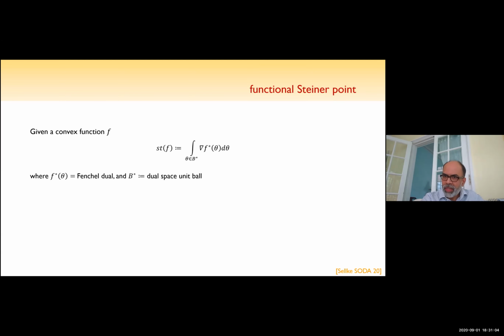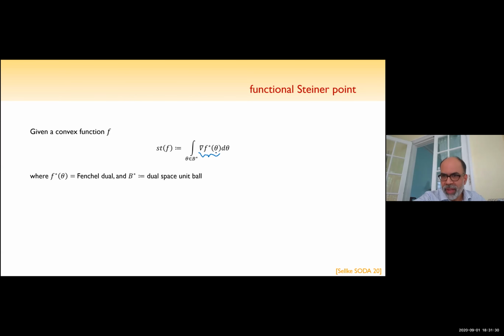Mark's algorithm is slightly stronger in some sense. He defines the notion of a Steiner point for a convex function. And I'll show you the definitions. I don't have time to go into this. If you're given a convex function f, you look at the dual of that function.